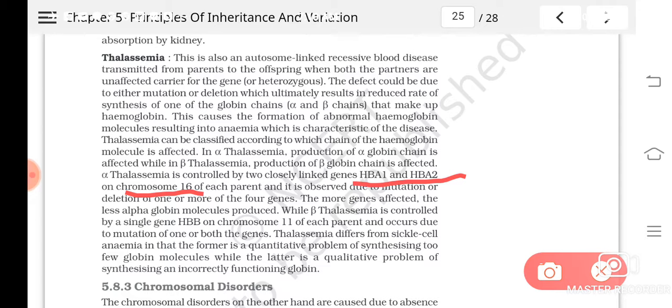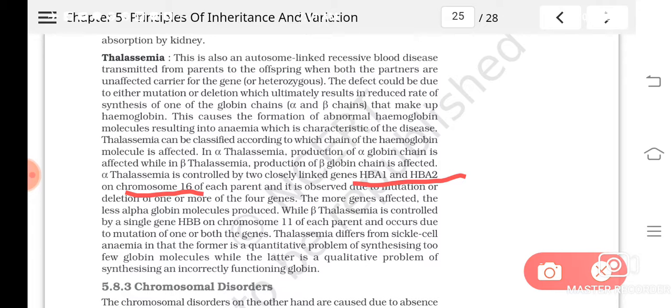I told you clearly, there are two genes, HbA1 and HbA2, and they have their alleles, isn't it? Likewise four are there. So the severity of the disease depends upon how many of these alleles are affected.